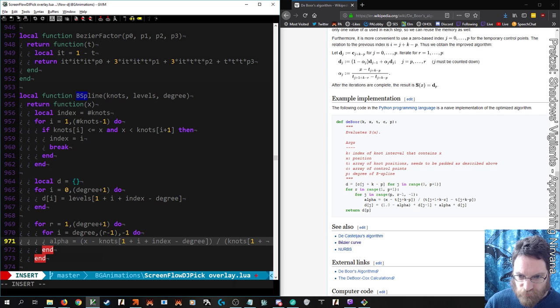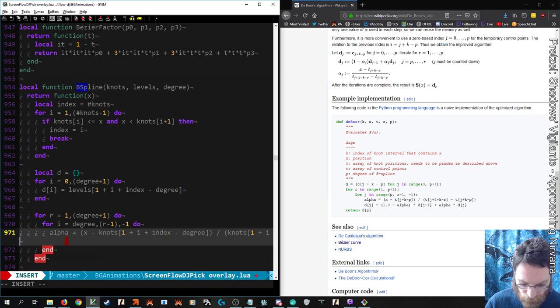One plus, 1 plus I plus 1, plus index minus R, minus naught of 1 plus index plus, or plus this loop, plus the index of that.